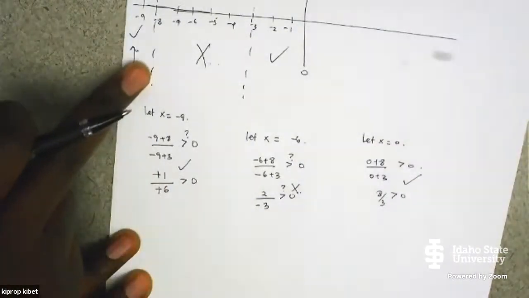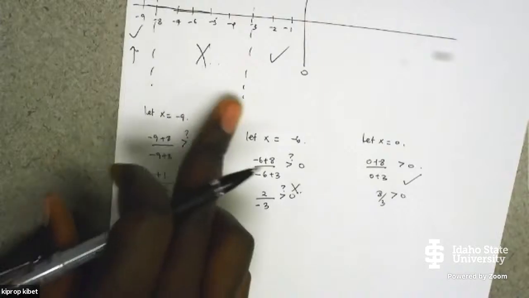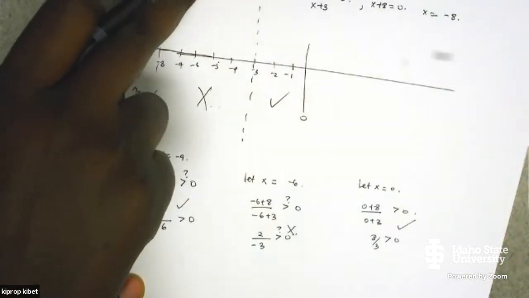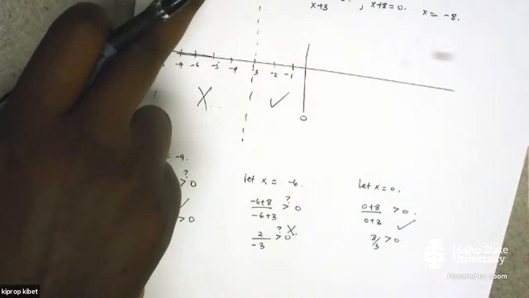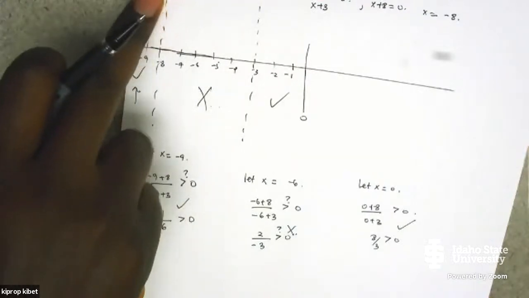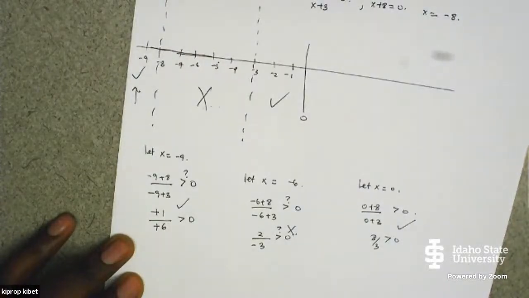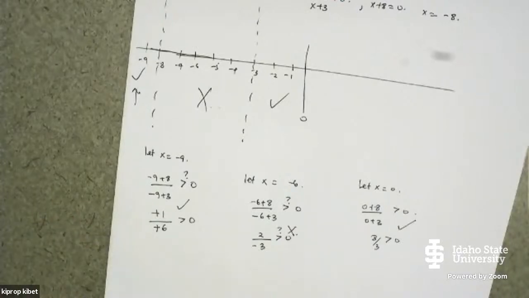Now you need to test -8 and what? -3, whether they will satisfy greater than 0. Now let's start from -8. So -8 plus 8 is what? 0. 0 all over a number is what? 0. Right? 0 over anything is always 0.